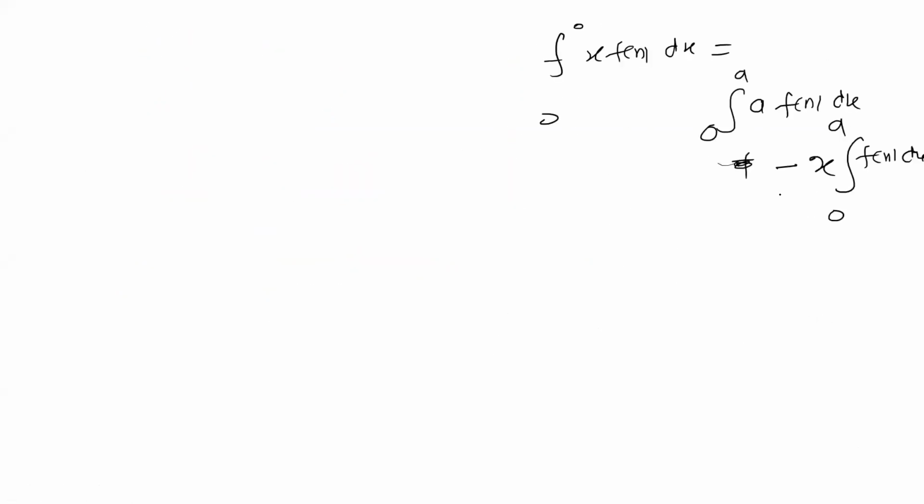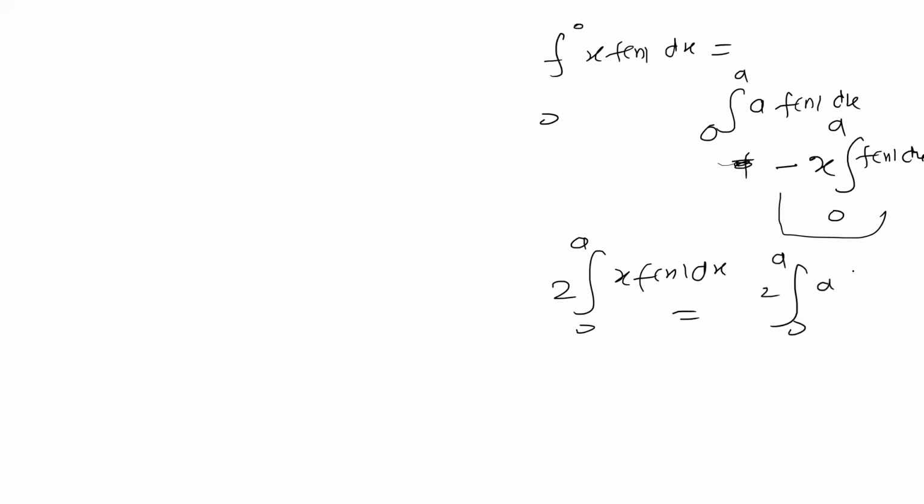We have to take this term to the left hand side. This is the same function, no? So we'll get 2 times the integral from 0 to a of f(x) dx equal to the integral from 0 to a of 2 f(x) dx.